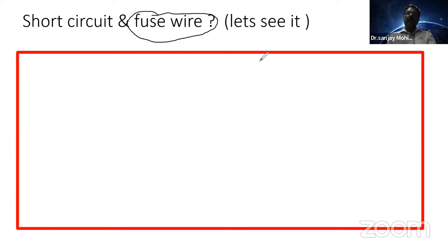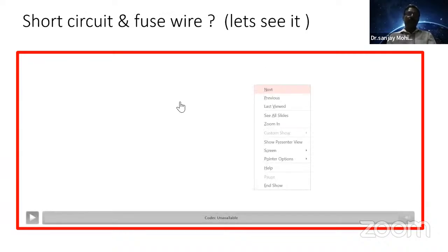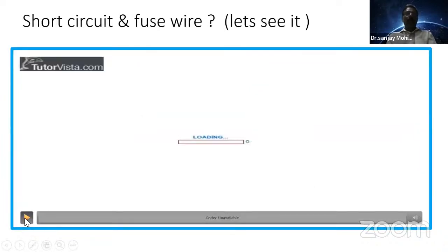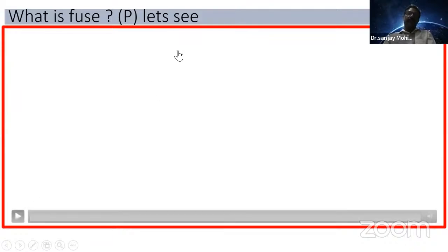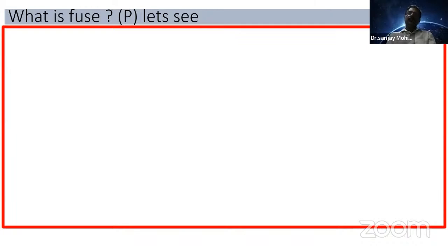Now let us see about the fuse wire. Let us see what a fuse actually is. A fuse is basically made up of a small alloy of Sn and Pb.